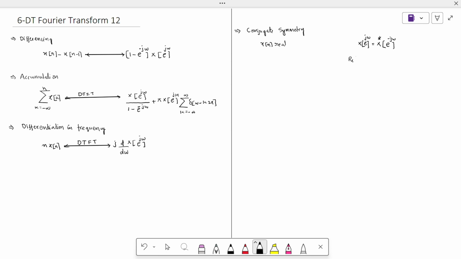Next, the real part of x of e power j omega and the real part of its time reversal are the same. The time reversal Fourier transform means omega is replaced by minus omega, so the two real parts are equal. Then the imaginary part of x of e power j omega equals minus the imaginary part of x of e power minus j omega.